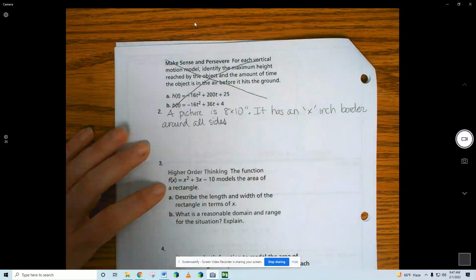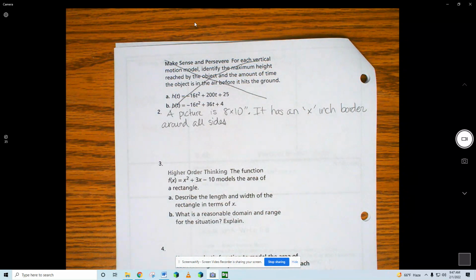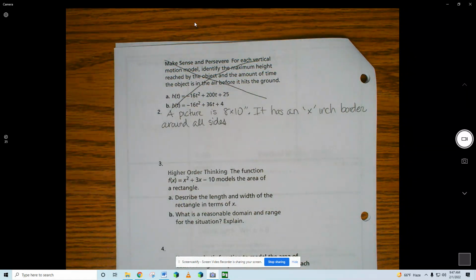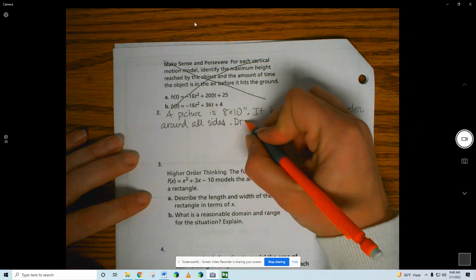So this is like a map. Have you guys ever seen how there's like a picture and then there's this like blank space and sometimes it's a color? That's called a matte, M-A-T-T-E. It adds extra creativity to it. It adds a little color if you want. So draw a picture.